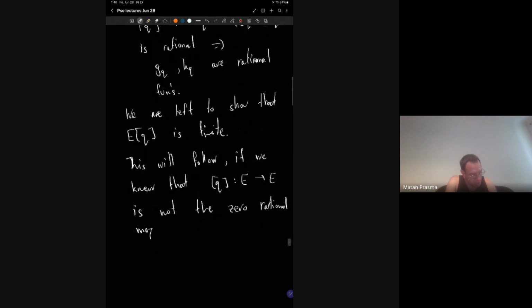The zero rational map, I remind you, we denote as OM. This is like in the elliptic curve over the field of rational functions, the zero element.